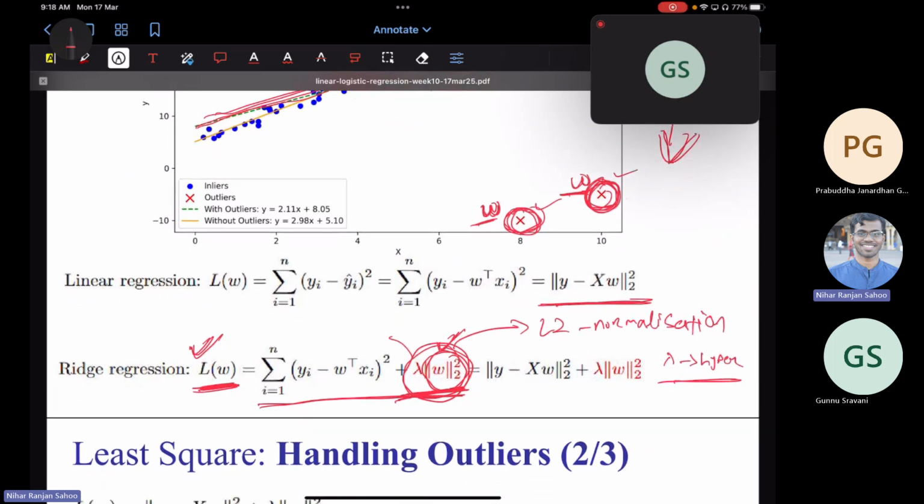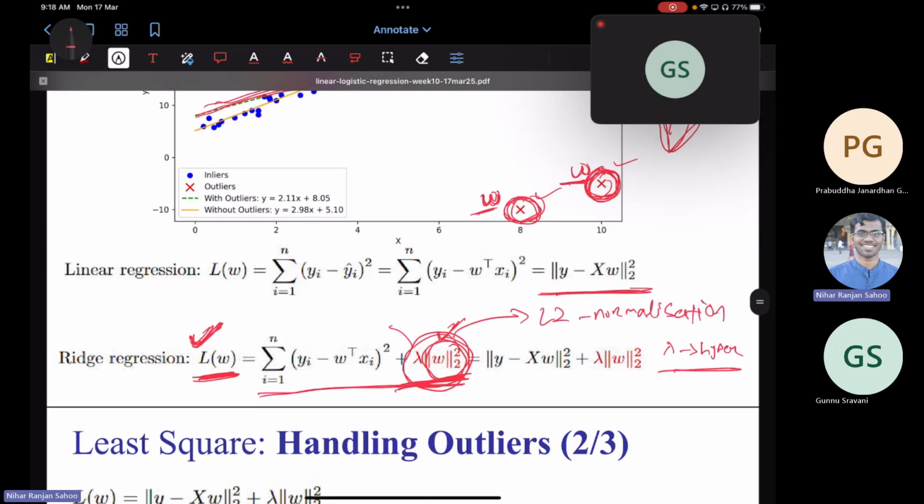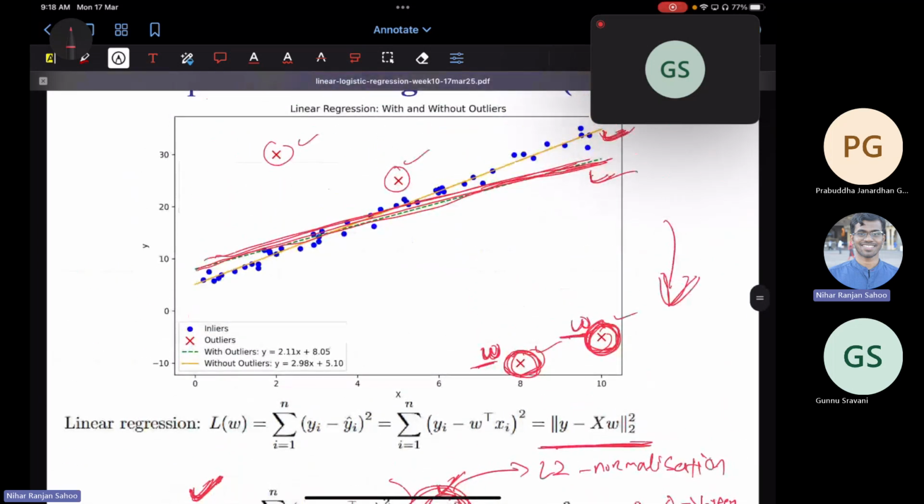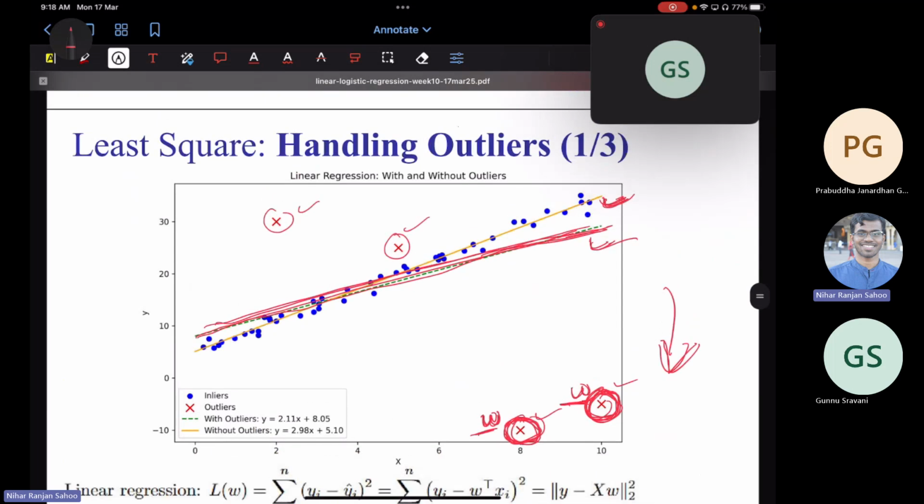The main goal is that we are trying to minimize this L. So by putting this extra term, we're trying to control the growth of W. That's how it helps us with outliers. Neither SVM nor linear regression get rid of outliers.